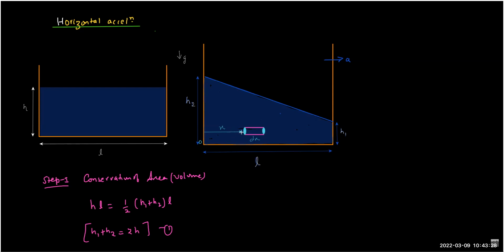So on which side of the capsule the pressure is more, the left side or the right side? Tell me. Left side. So if we say the pressure at the left side is P, the pressure on the right will be P plus dP. And definitely the left must be bigger than the right, then only it can accelerate towards right. Understood? So the whole capsule is accelerating towards right.